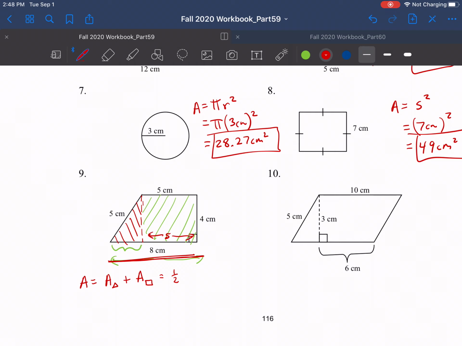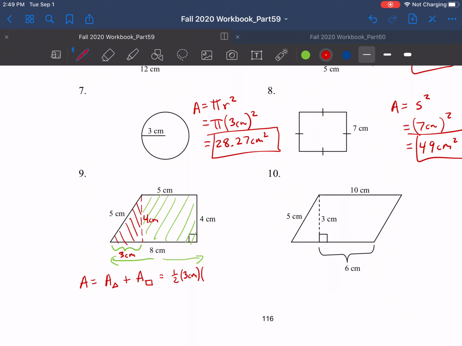And so if that's 5 and the whole thing is 8, that means this leftover little part there has to be, let me get rid of all this red, this has to be 3 centimeters. So the base of the triangle is 3 centimeters. The height of the triangle is then actually going to be this 4 that's right here. So 4 centimeters right there.